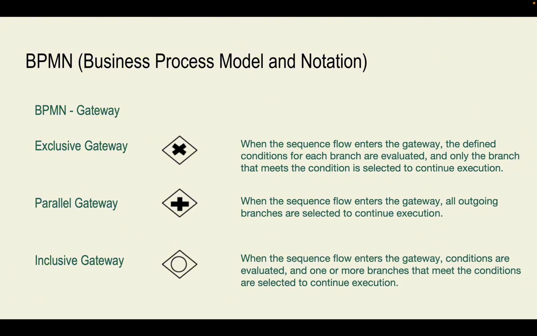When the sequence flow enters the gateway, all outgoing branches are selected to continue execution. Inclusive gateway. When the sequence flow enters the gateway, conditions are evaluated, and one or more branches that meet the conditions are selected to continue execution.